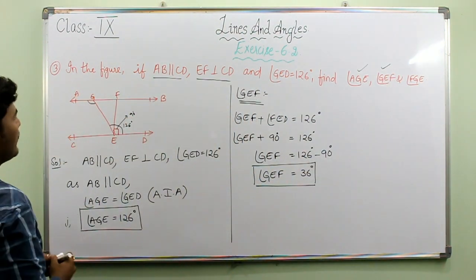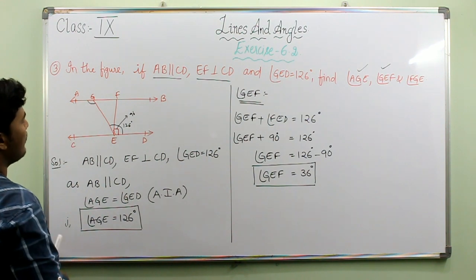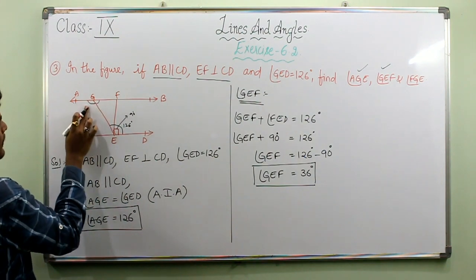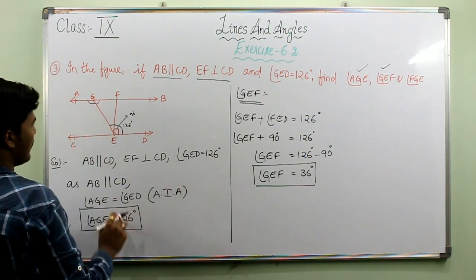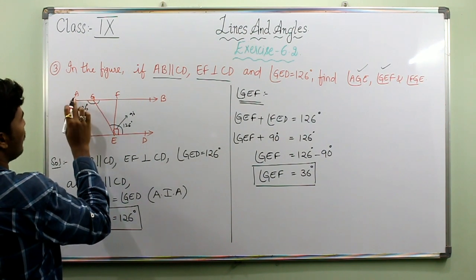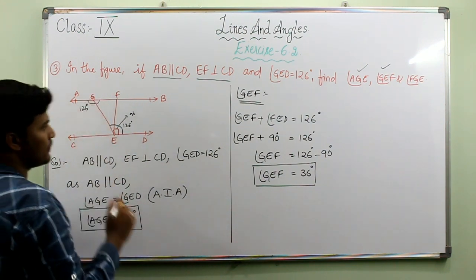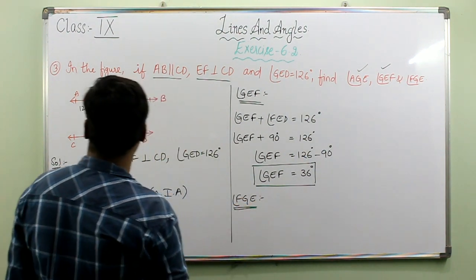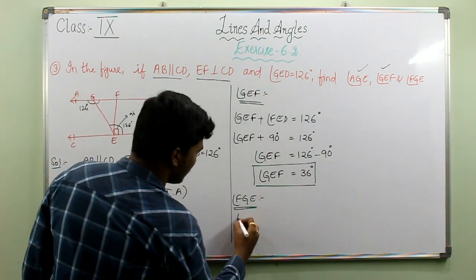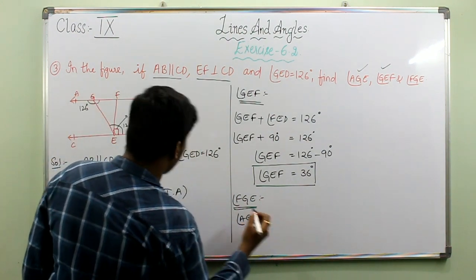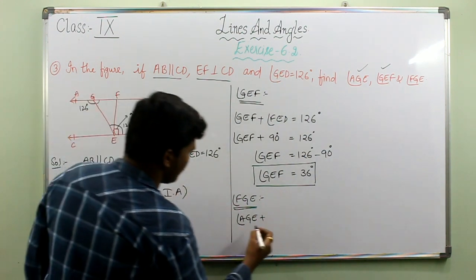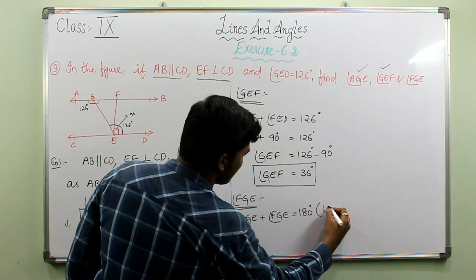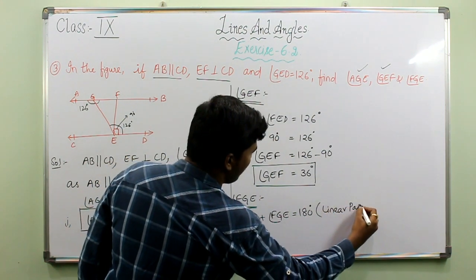Now the third one is FGE. This FGE is nothing but this angle. So we have this angle G as 126 degrees. Now if you see, here it is making a linear pair. So we are going to find out FGE. Angle AGE plus FGE is equal to 180 degrees, because it is a linear pair.